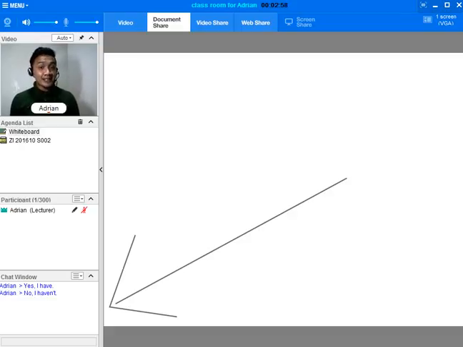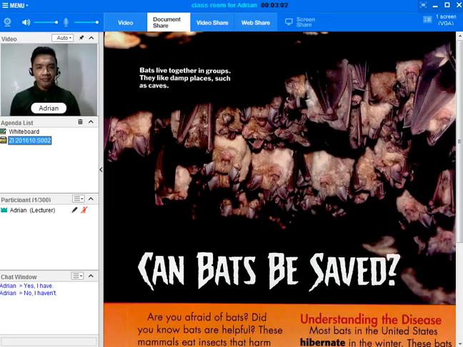Okay, so let's begin studying about bats. All right, let's look at this page. What do you see? Of course, there are bats in the picture. A lot of bats, actually. Let us read this short description right here.